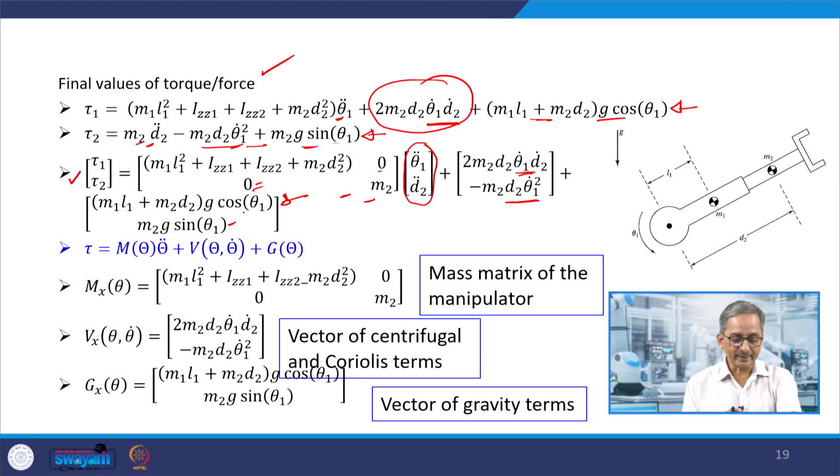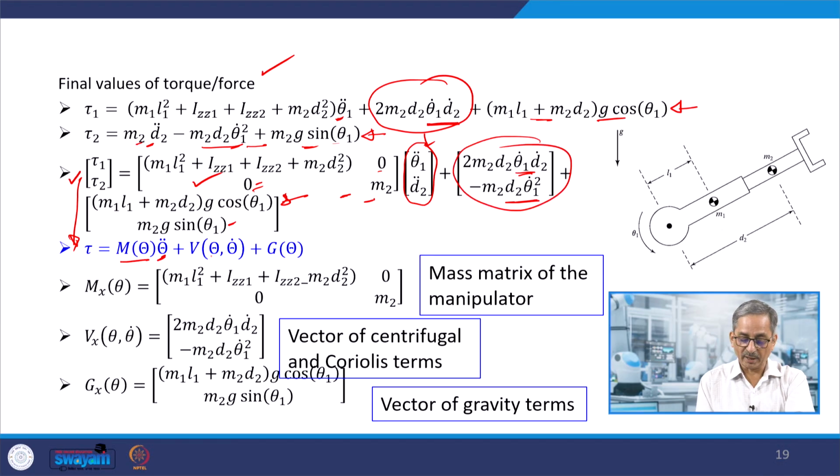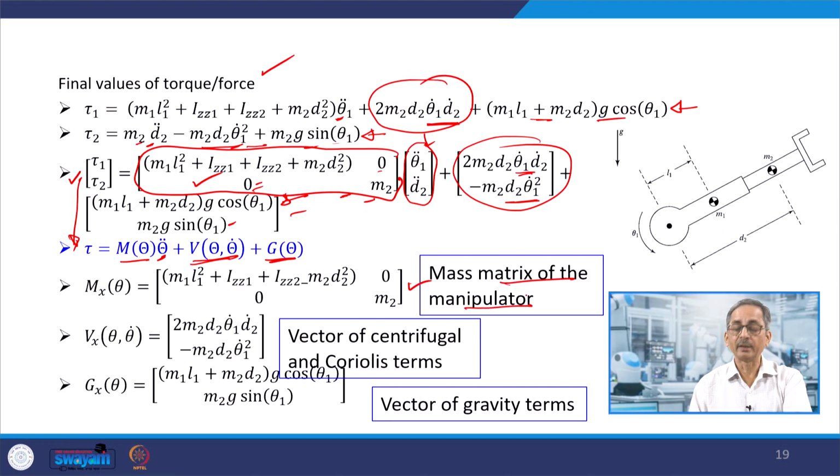I can write this in a matrix form or a shorter notation. This is the tau vector. This matrix, which is a function of theta, multiplies the theta double dot vector. The velocity terms I am writing as a function of theta and theta dot, and the gravity terms I am writing as g of theta. The matrix coming over here is what we call the mass matrix of the manipulator.